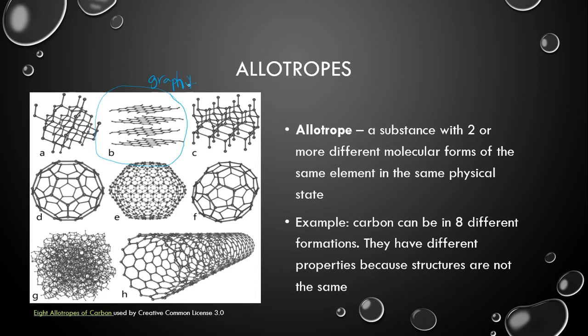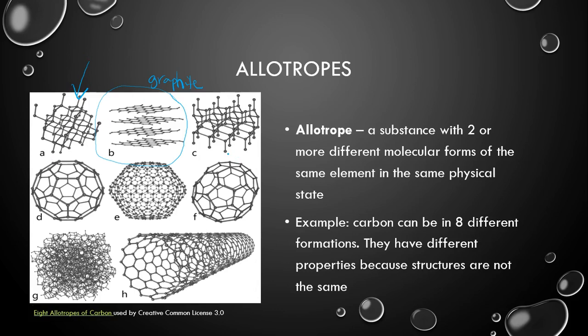You can remember talking about pencil lead being laid in thin sheets like this, so that as you write with a pencil, you're just leaving the layer that's touching the paper behind. And then you have the actual network solids where everything is linked together. I'm not sure which one of these would end up actually being diamond, but maybe this one could be an example of diamond.